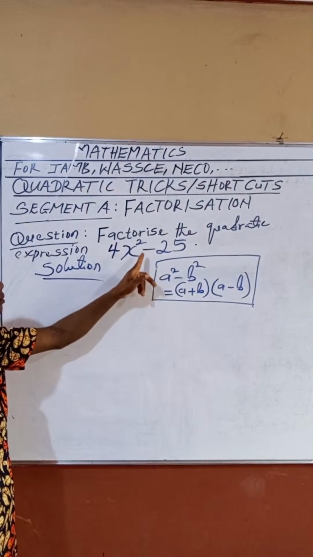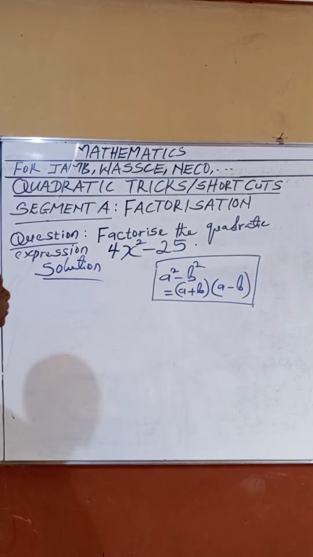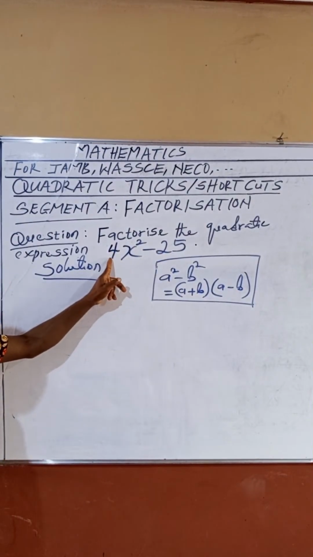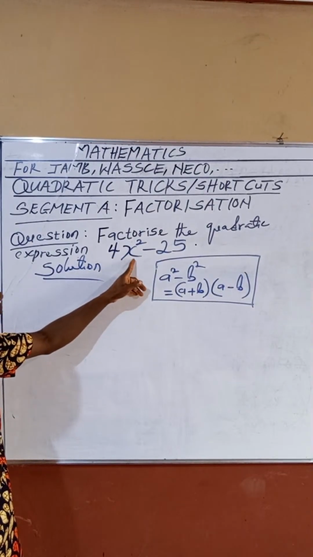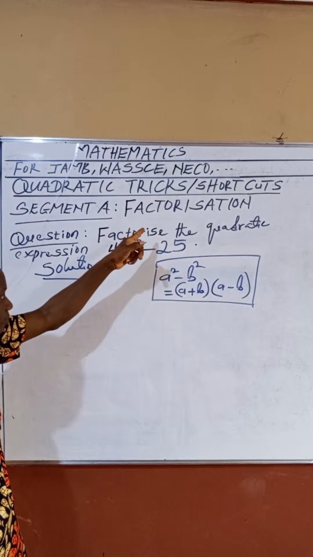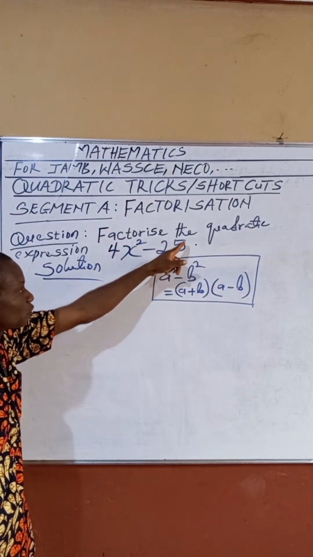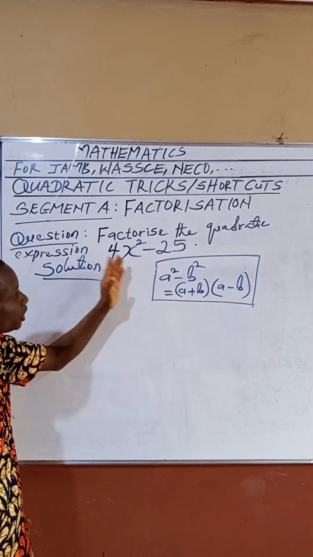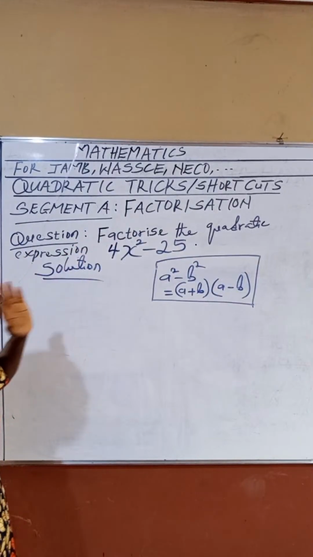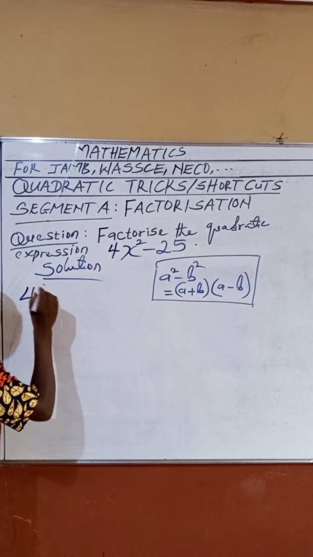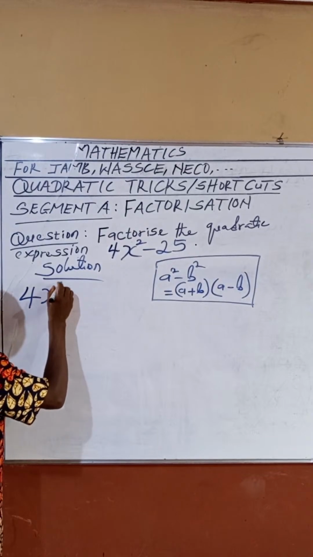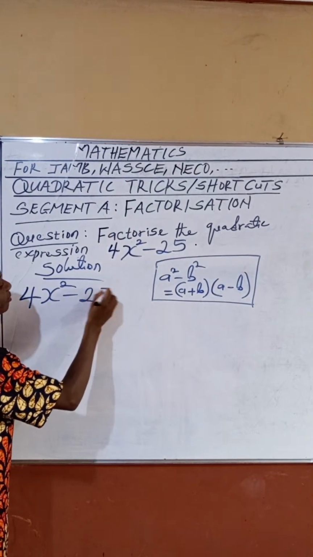You notice that both the terms, the coefficient of x squared, the x squared is a perfect square, and 25 is a perfect square. So the terms are each perfect squares. This is how we are going to do it. So we are going to write 4x squared minus 25.